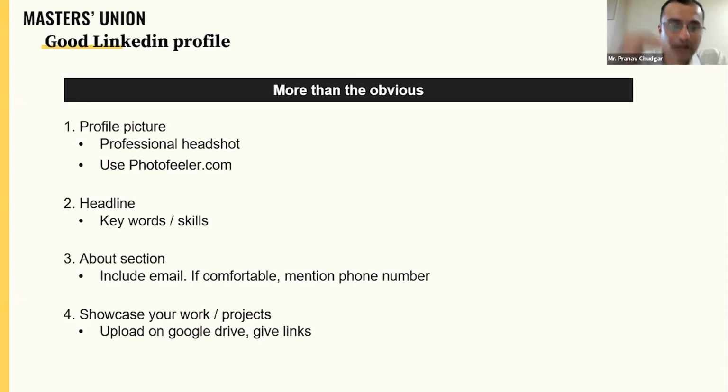I have seen multiple profiles, and I'm really surprised that people do that, where they would have a very casual picture of themselves sitting in a chair holding a glass, or maybe sitting outside in a cafe. And maybe you would have also come across these profiles.